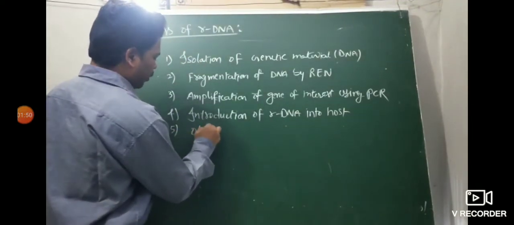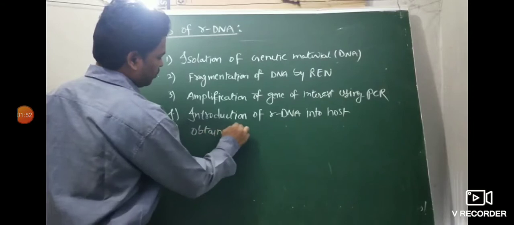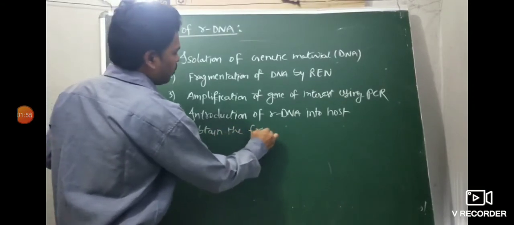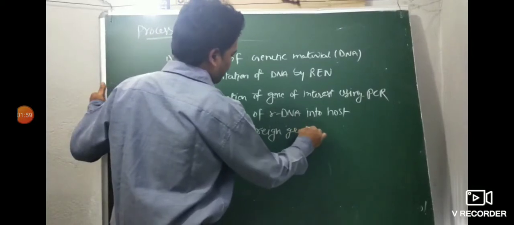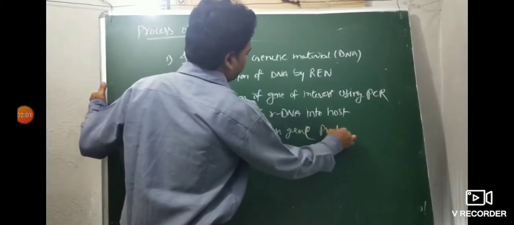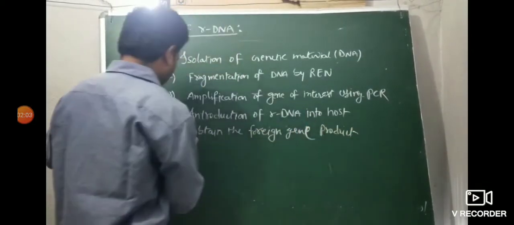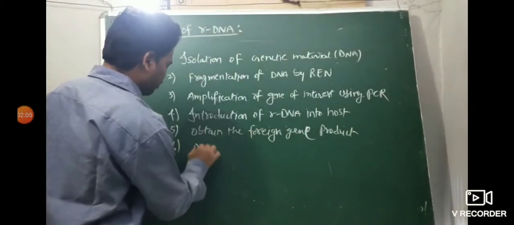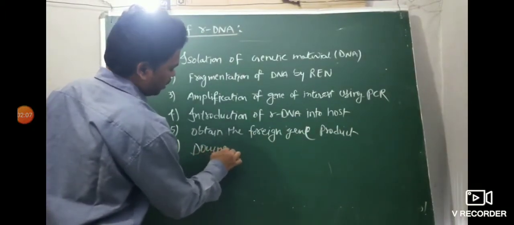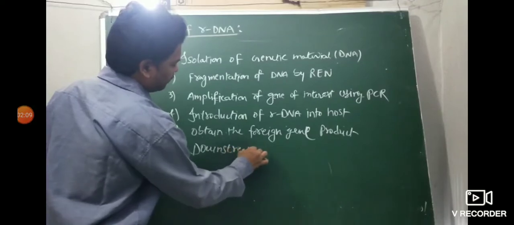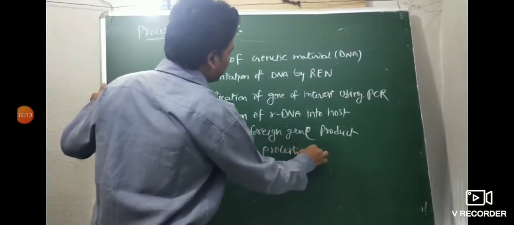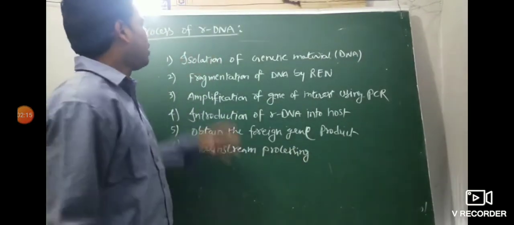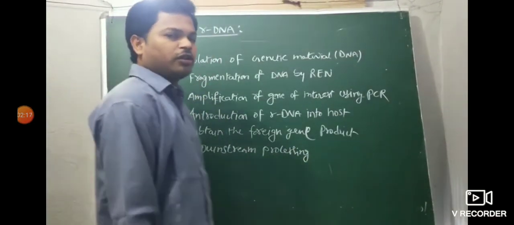Obtain the foreign gene product. Next step, downstream processing. So these are the six steps in the process of recombinant DNA technology.